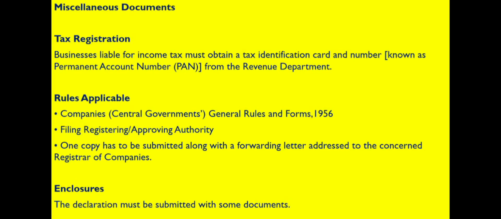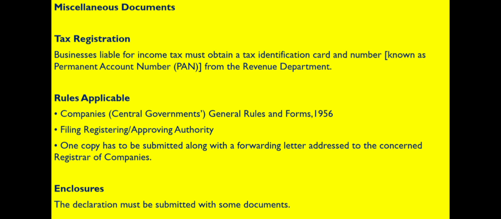Both the PAN and the TAN must be indicated on all the returns, documents, and correspondence filed with the Revenue Department. The PAN is also required to be stated in various other documents, such as the documents pertaining to sale or purchase of any immovable property exceeding Rs 5 lakh, sale or purchase of a motor vehicle, time deposit exceeding Rs 5 lakh, contract for sale or purchase of securities exceeding Rs 10 lakh, to name a few.